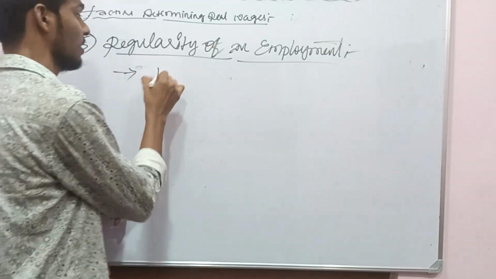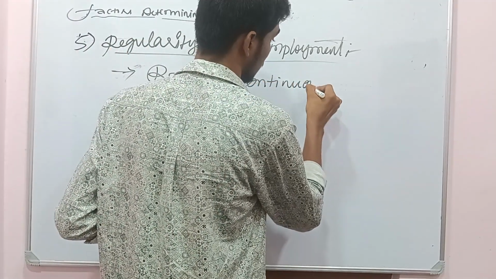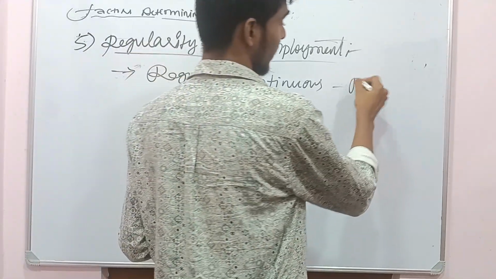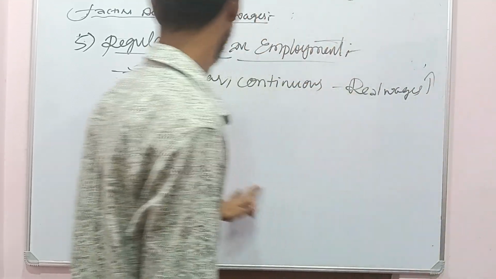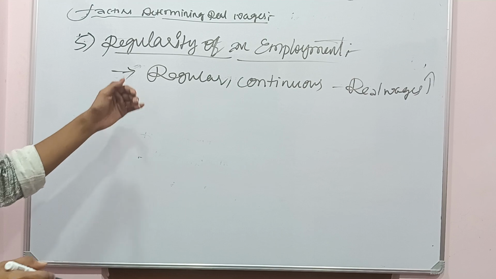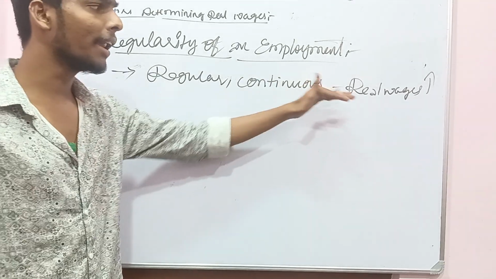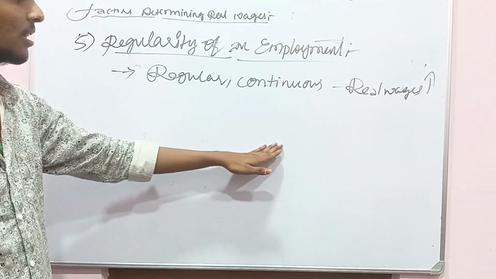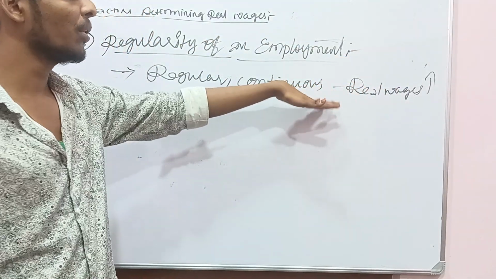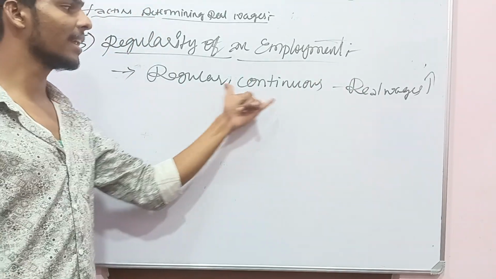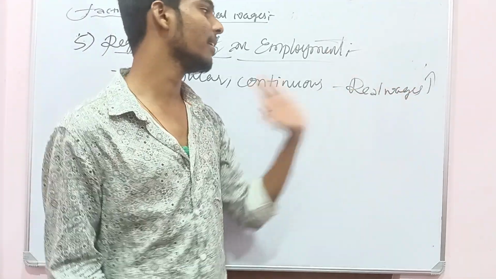If the work is regular, continuous, the real wages tend to be higher. If an employee has regular and continuous work in an organization, the organization has a plan to increase its income, and facilities can also be provided to such regular and continuous workers, which leads to the real wages tending to be higher.